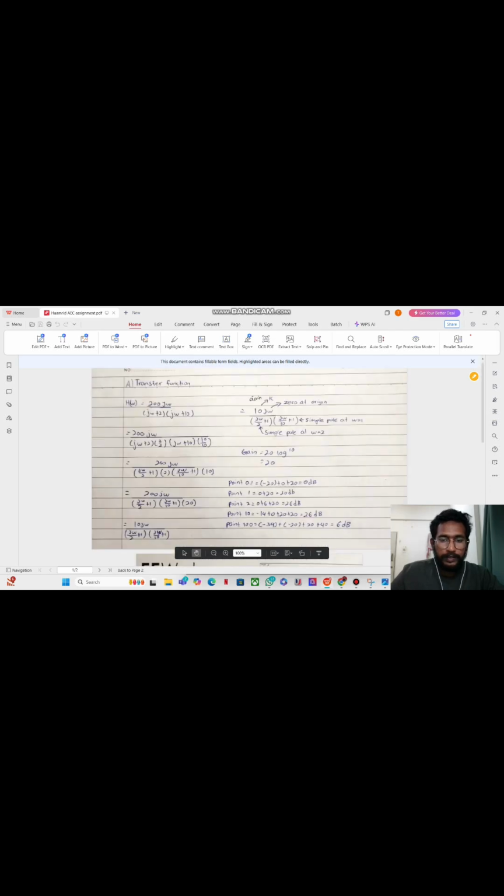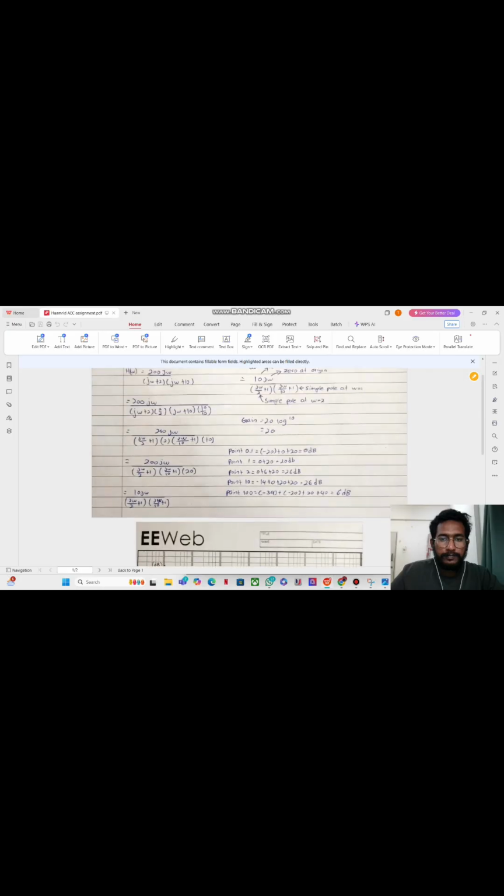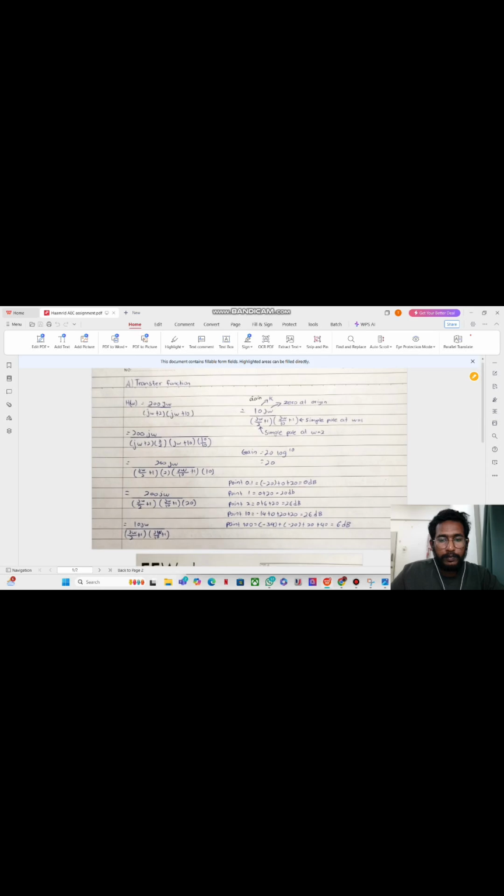So these points 0.01, 0.1, 1, 2, 10 and 100 will be going this way, the lower part. Then the dB goes up to 40 dB. So the 0.01 is staying here, 0.1, and the dB starts from 0. So the line is starting from here. Then it goes to point number 1, which is 20 dB.